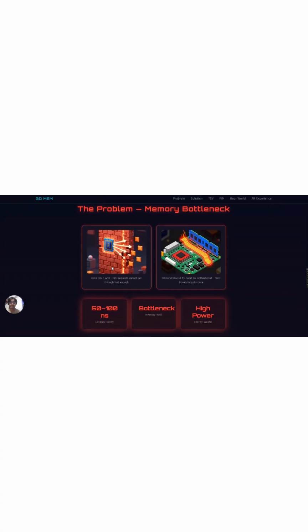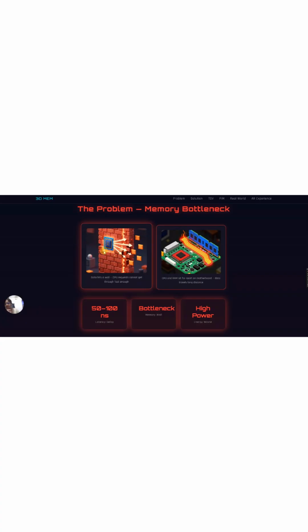Firstly, what is the issue? The problem. This is the traditional computer motherboard, but this is a better way to understand.